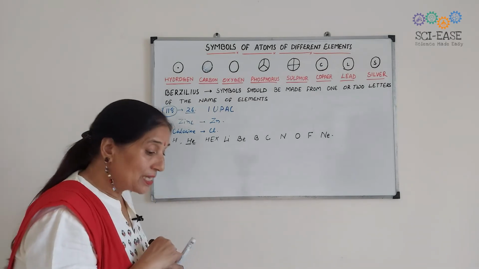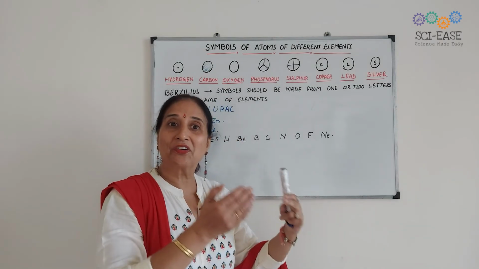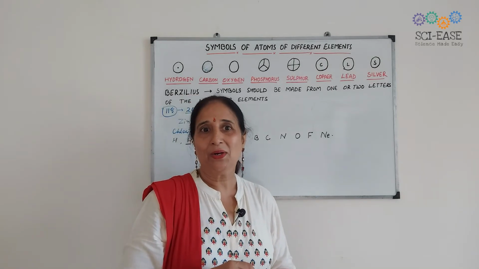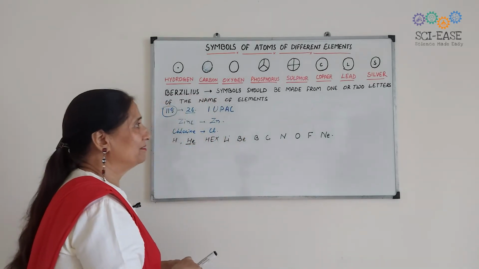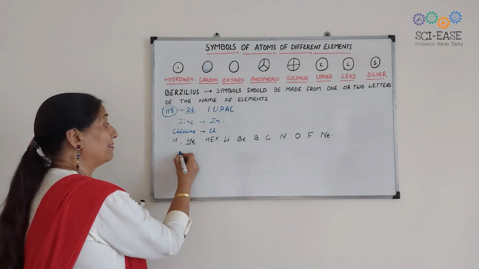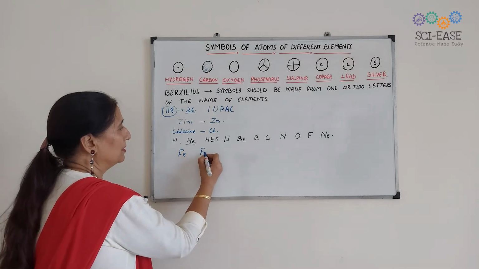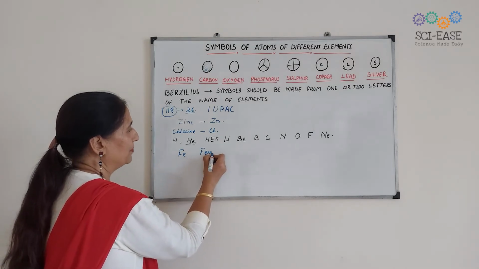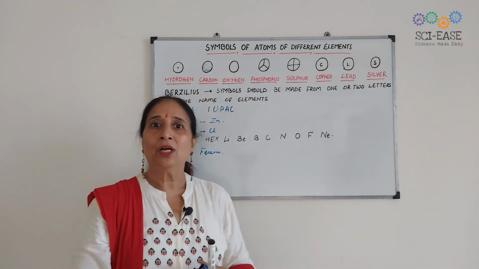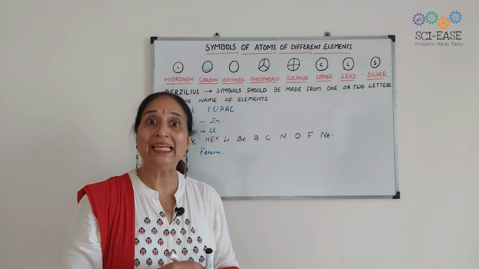But some symbols are from Greek, Latin or German words. Like you can take the case of iron. Iron has symbol Fe. It is from the Latin word ferrum. Then sodium and potassium are also from Latin words, potassium from kalium.